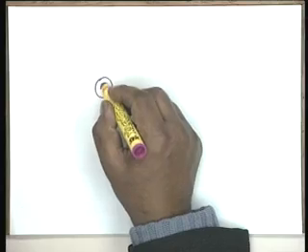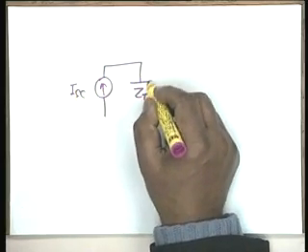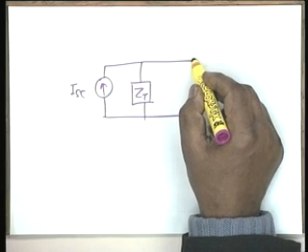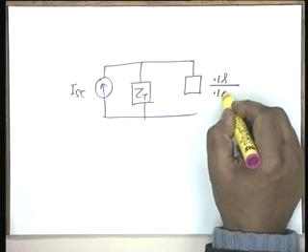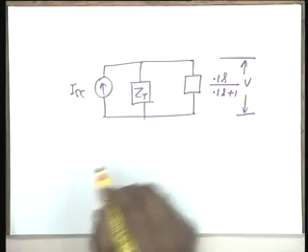Therefore, for the voltage response V, if you go back to this circuit, my circuit is now ISC in parallel with ZT in parallel with ZL, which again is 0.1 S divided by 0.1 S plus 1, and it is this voltage that I want to find out.